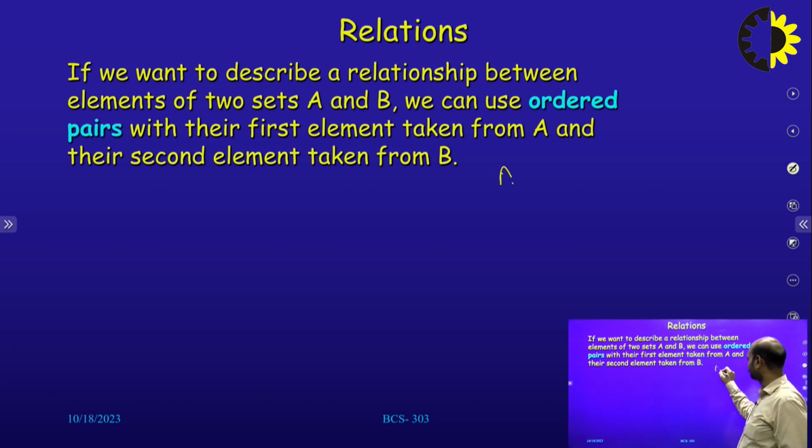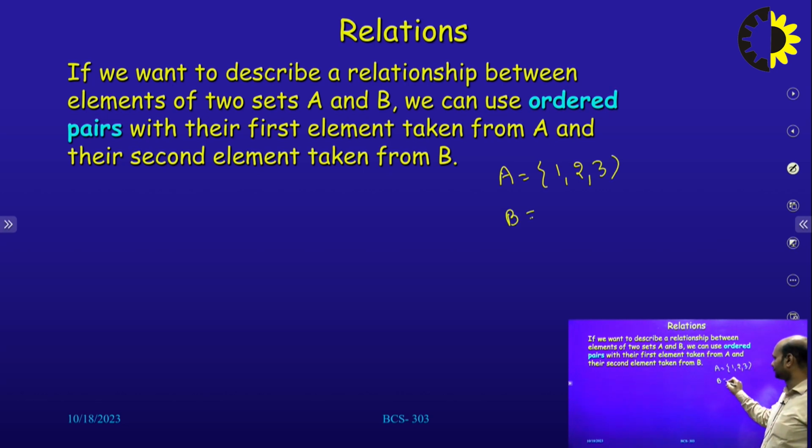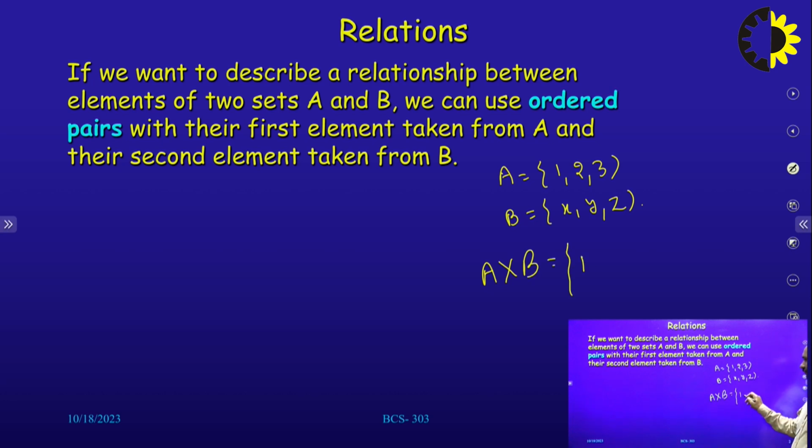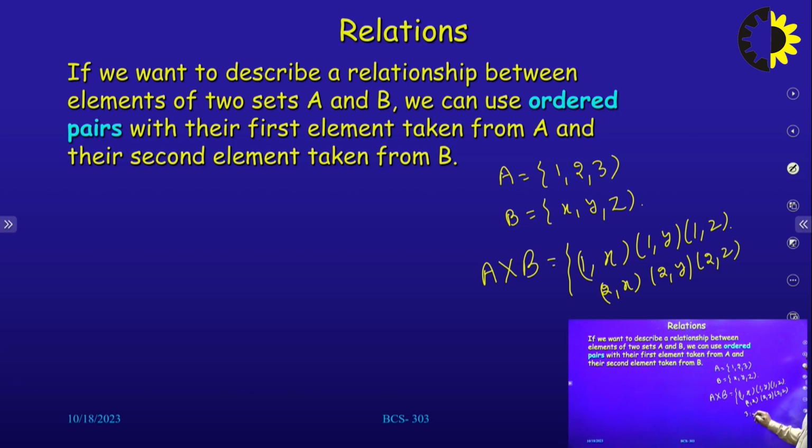Like if A is equal to {1, 2, 3} and there is another set B equal to {X, Y, Z}, the ordered pairs between A and B, that is A cross B, are (1, X), (1, Y) and (1, Z), and similarly (2, X), (2, Y) and (2, Z), and also (3, X), (3, Y) and (3, Z).